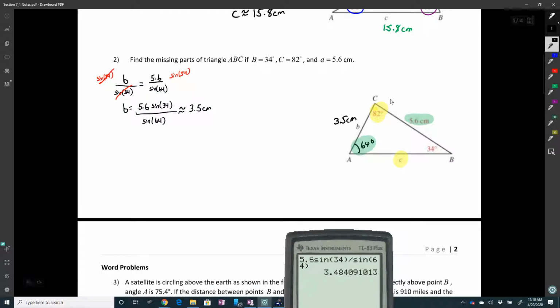It's going to be C over sine 82 is equal to 5.6 over sine 64. Multiply both sides by sine of 82. And I got C is equal to 5.6 times sine of 82 over sine of 64.